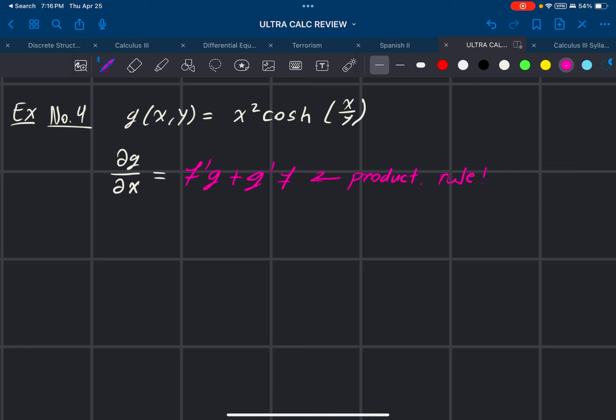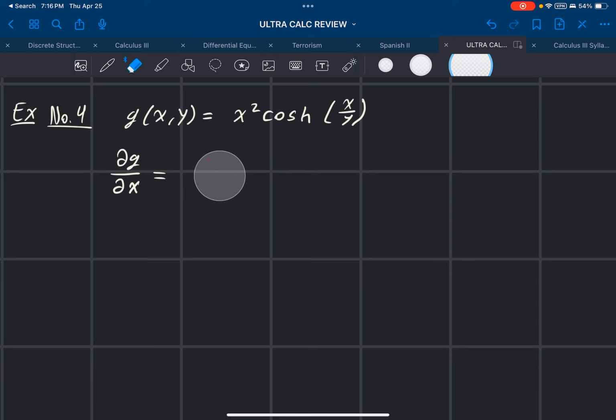Oh, probably shouldn't have erased that, actually. Okay, so this is our product rule formula.